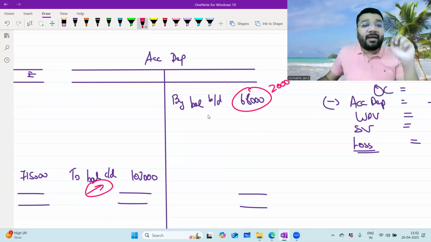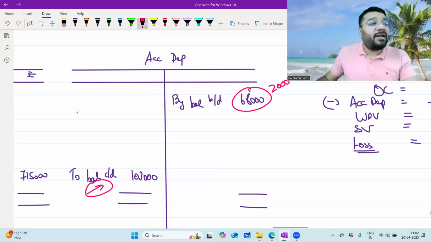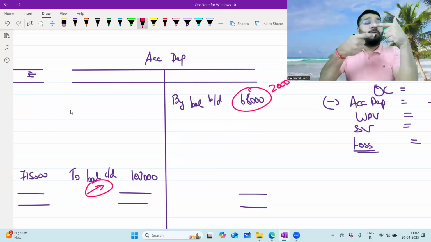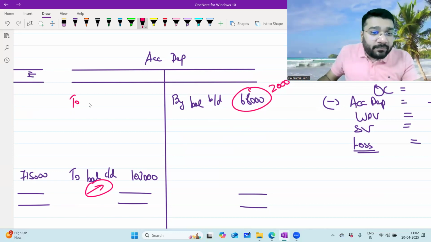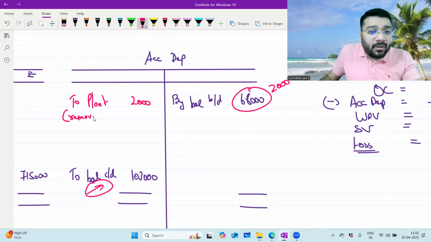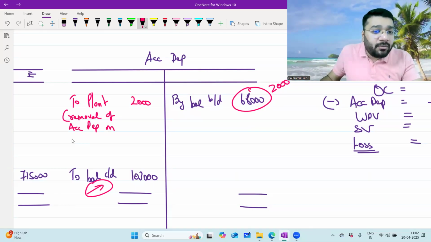So what is the elimination entry? Accumulated depreciation account debit, to plant account 2,000 rupees, being removal of accumulated depreciation on the sold asset.